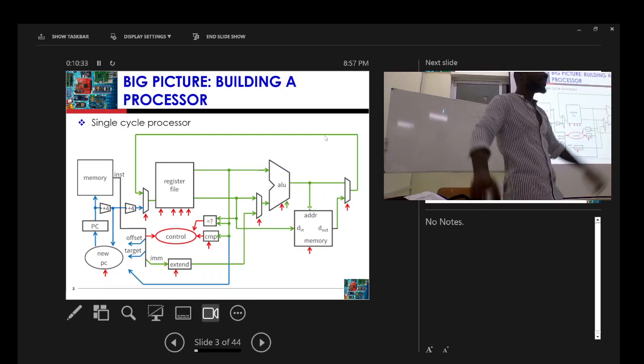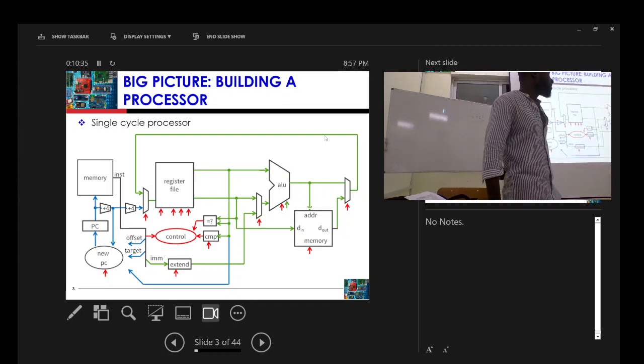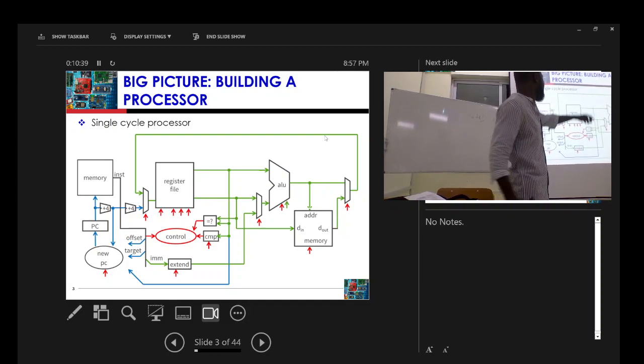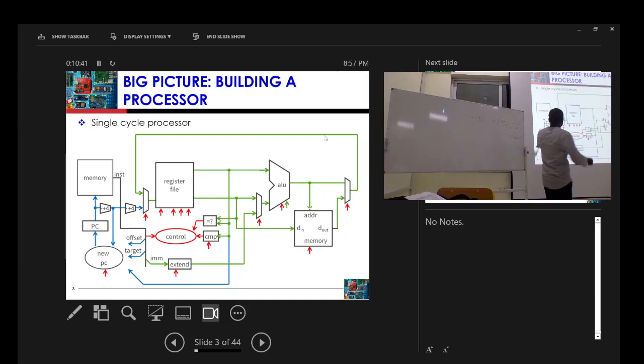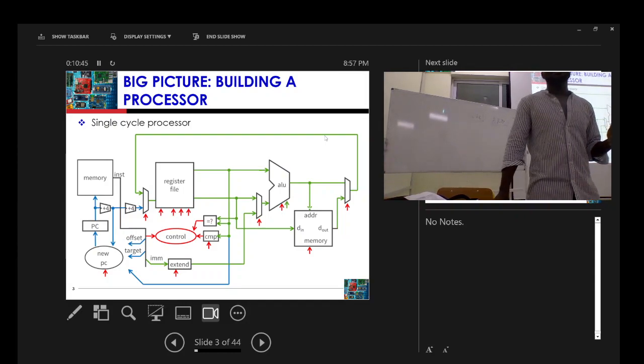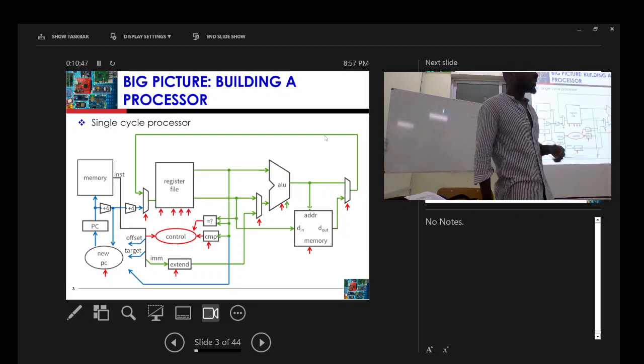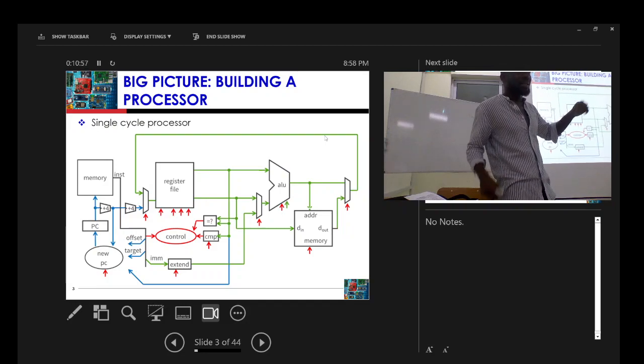There are two memories. There's one memory over here, there's another memory over there. Where does it store those codes? The first memory or the second memory? Yeah, the first memory. The first memory is known as instruction memory. That's where those machine codes are stored. The second memory is known as data memory.